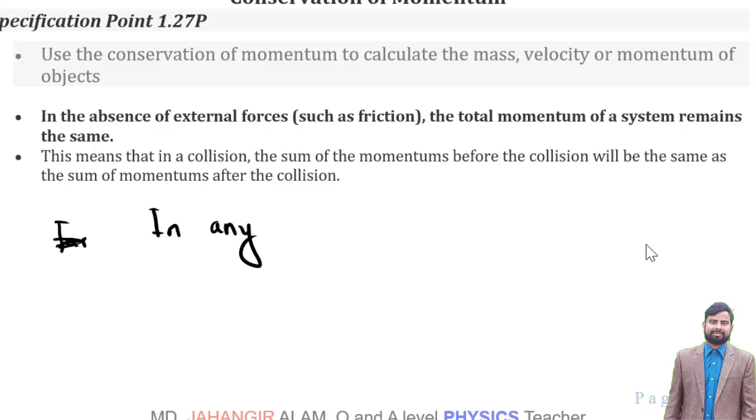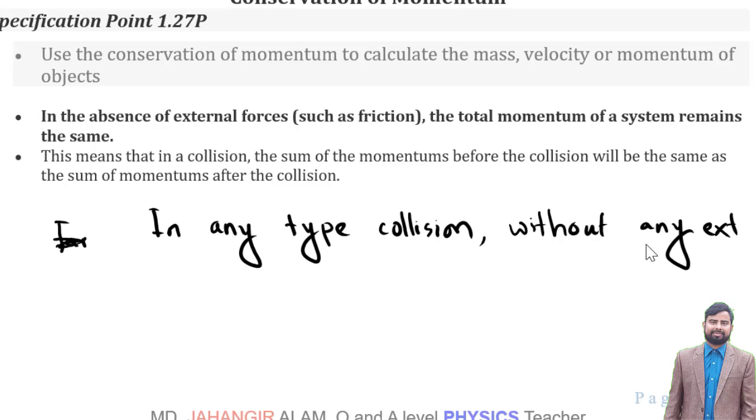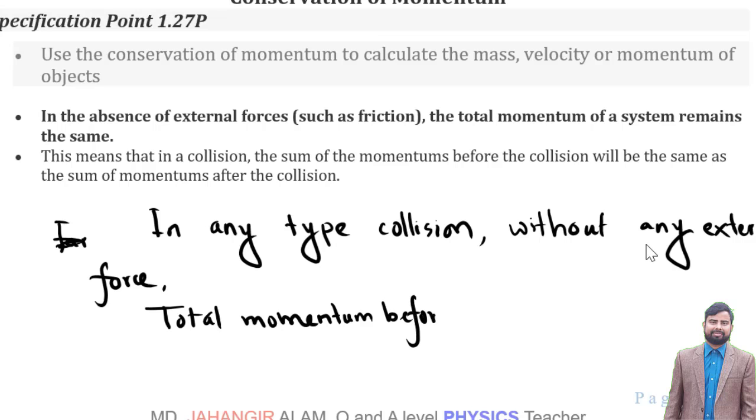That means in any type of collision without any external force, total momentum before collision is equal to the total momentum after collision.